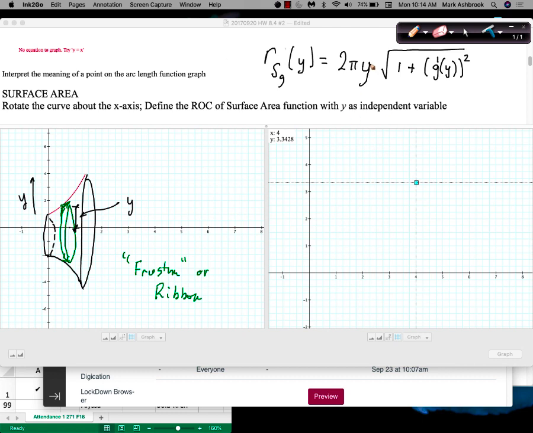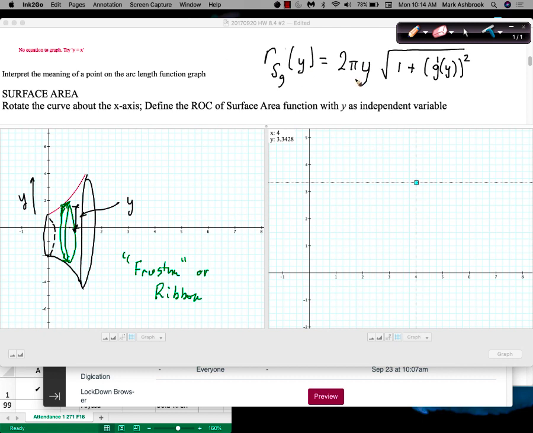Now, let's go back to this. Do we leave this as y or do we change it into something else? So the radius is the y coordinate. And what is our independent variable? So that's in terms of y. Do we need to change it? No. Don't change it, right? It's already in terms of y. Our independent variable is y. The only time we would change this is if, say, we started with something that had x's in it, and we needed to get that expression in terms of y because y is the independent variable.